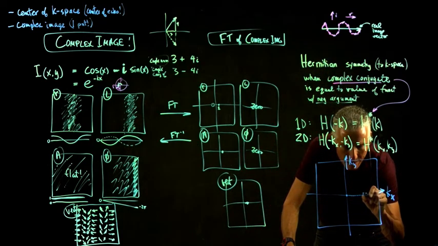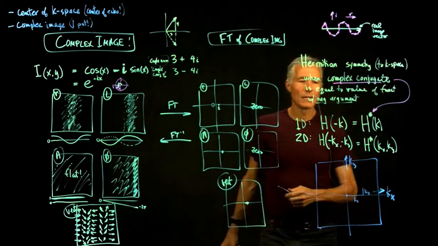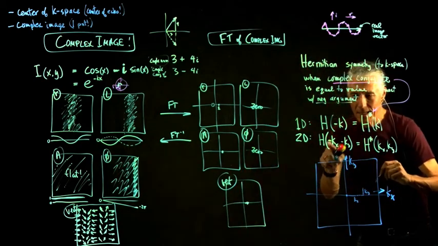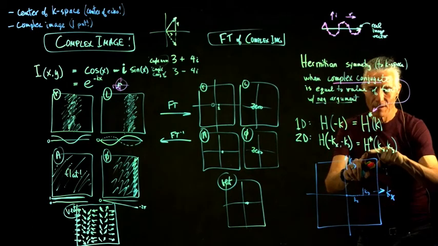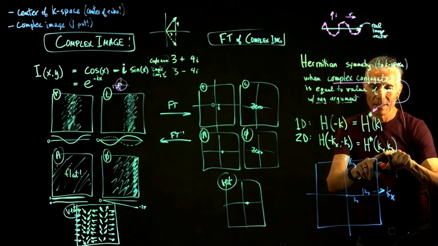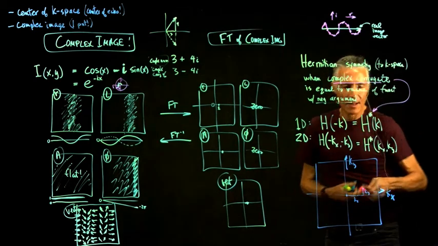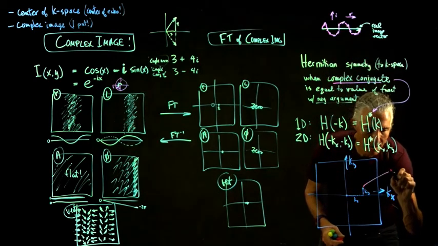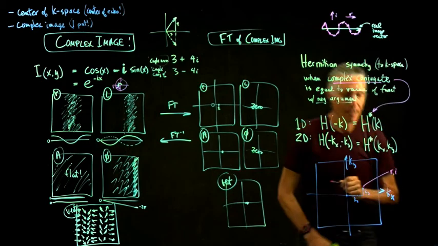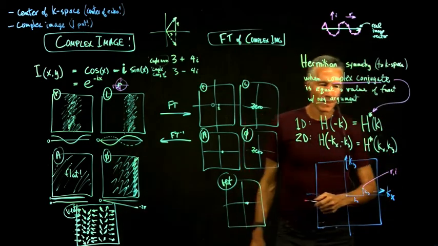So here's a particular ky and kx. That would be h, without the star, at kx, ky. There'll be a number there, with a real and imaginary component.